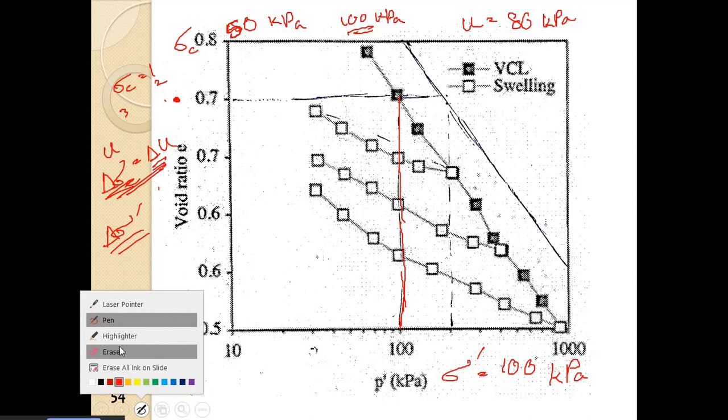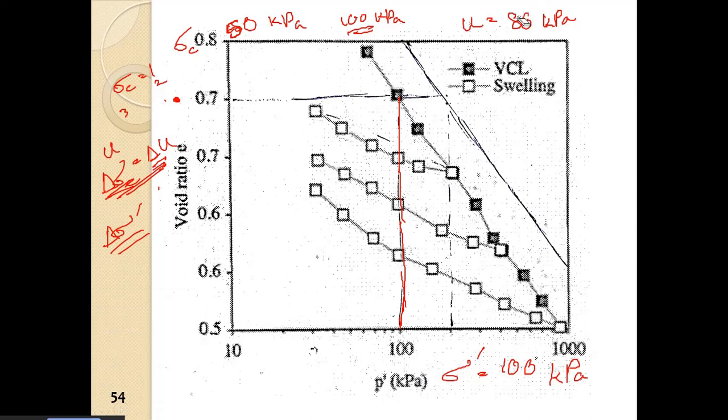It will be much lesser. A 20 kPa effective stress cannot be, it has to be 100 kPa. So it will be much less. Actually, it will be around 40 kPa.